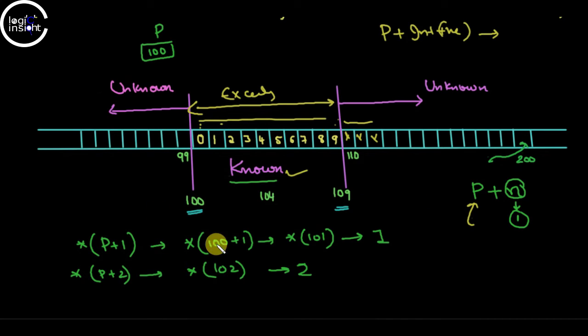In this case, if we add 1, 2, 3 or 4, we have gone within this known memory. But if you add two pointers, it is pointing to some other location which doesn't make any sense. So in C, p plus p, or pointer addition, is invalid. It is illegal. I hope you understood what I said.